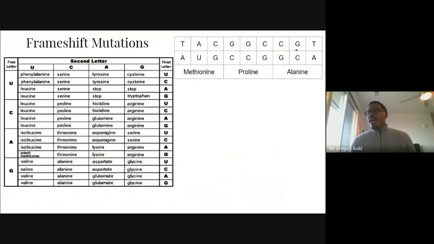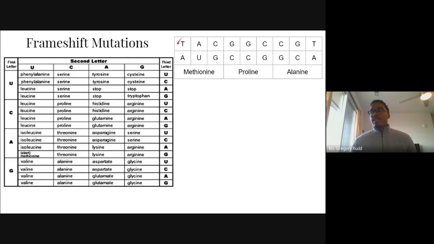So up here, I've got a strand of DNA. I know that it's DNA because I have T's here. DNA has T's, whereas RNA has U's. So my strand of DNA says T, A, C, G, G, C, C, G, T. The first thing I need to do is transcribe that into mRNA.